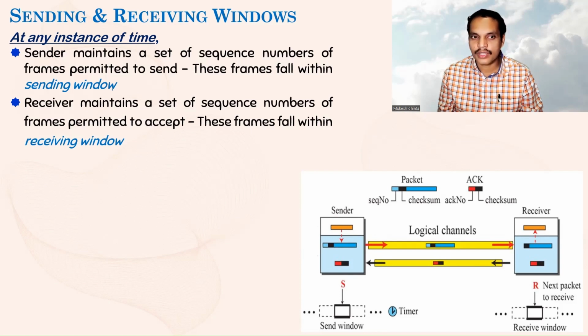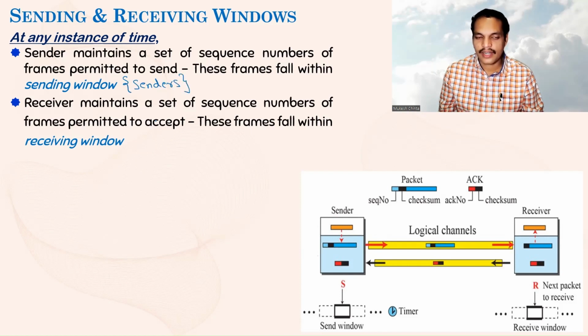These frames fall within the sending window. As the name suggests, the sending window is at the sender side, and a receiver maintains a set of sequence numbers of frames it is permitted to accept. These frames fall within the receiving window. So it is at the receiver.